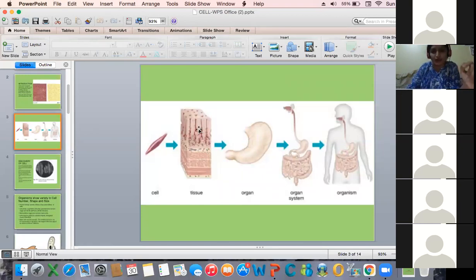This is just one tissue. Similarly, there will be a number of tissues also. And when these tissues combine, they form an organ. You can see here the organ, this is the stomach. So by the union of the tissues, organs are formed. And when the organs unite, when the organs assemble, they form the organ system.